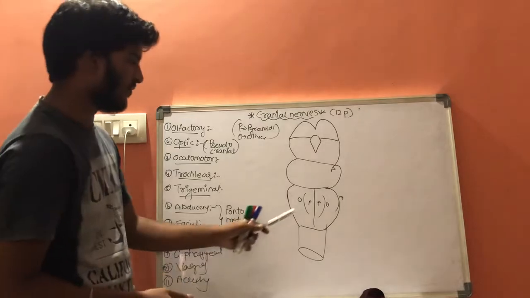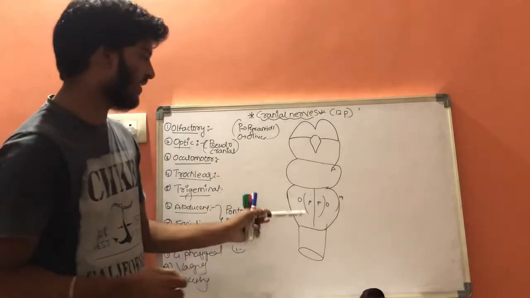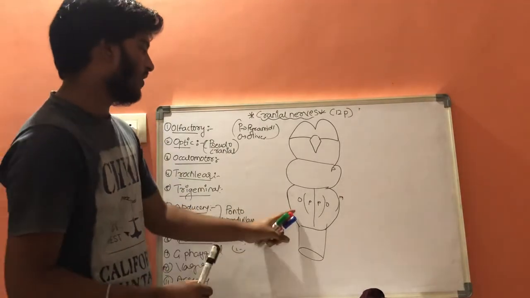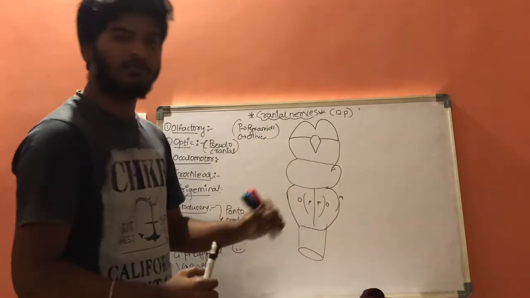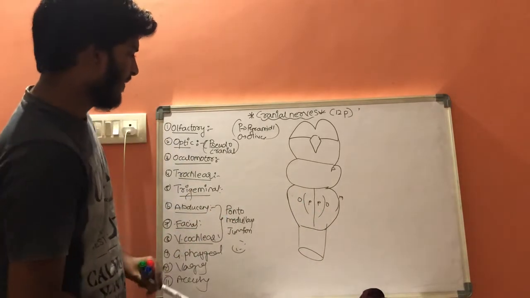This medulla consists of centrally located pyramids and laterally located olives.